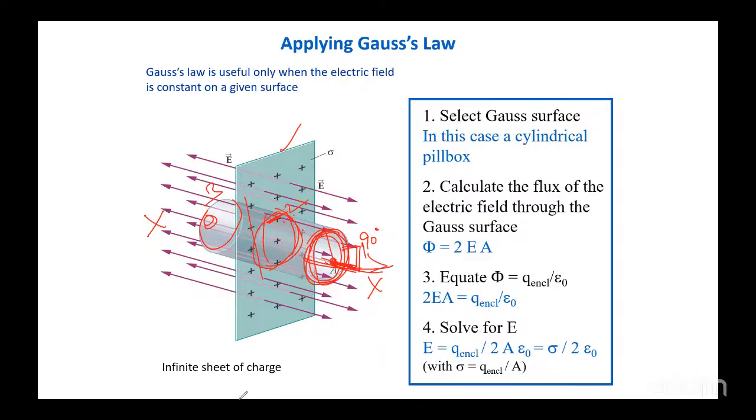So what do you mean by Q by A? Sigma by 2 epsilon. So what is the electric field due to an infinite sheet of charge by using Gauss's law? Sigma by 2 epsilon.